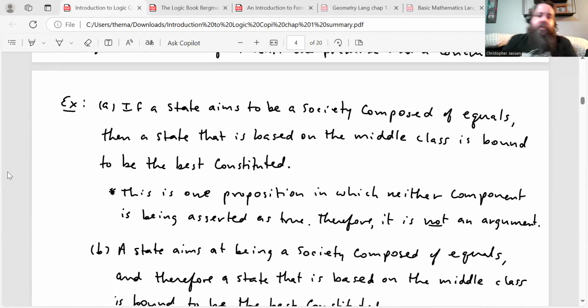Here's an example. Part A: if a state aims to be a society composed of equals, then a state that is based on the middle class is bound to be the best constituted. This is one proposition in which neither component is being asserted as true. It's a hypothetical or conditional proposition. Therefore, it is not an argument.